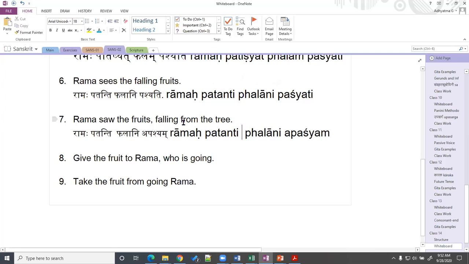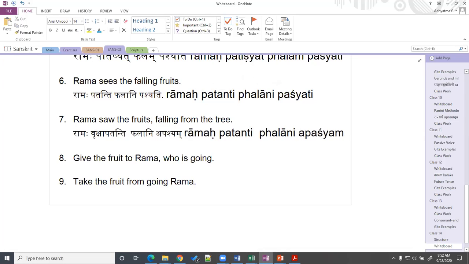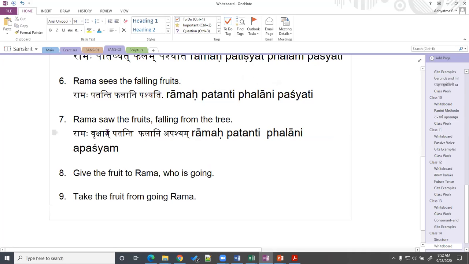Now, falling from the tree. So vrukshat patanti. We have to say from the tree. It is the fifth case for the tree. The word for tree is vruksha. So it would be vrukshat.